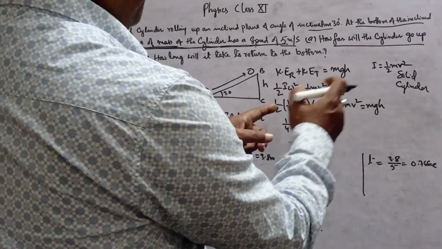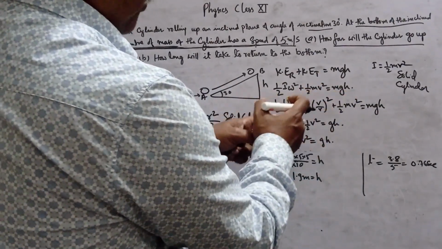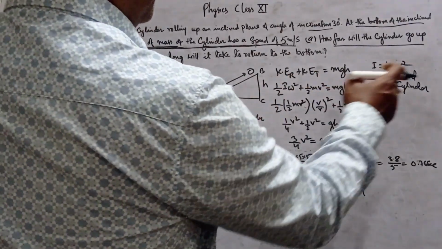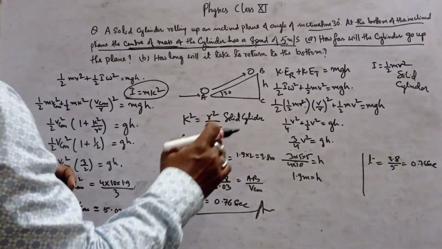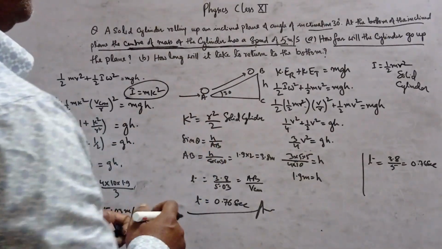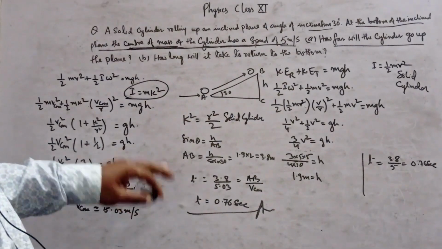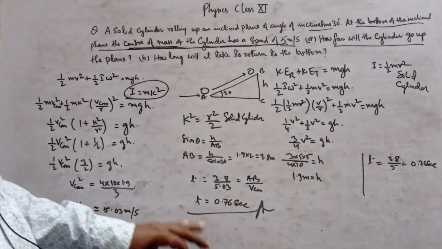When moving up, because v is known to us, we move everything to v, and here we have taken a solid cylinder, that is half m r square. This is very important, so I selected this problem. This is all about this problem, and how to solve it is given to you.